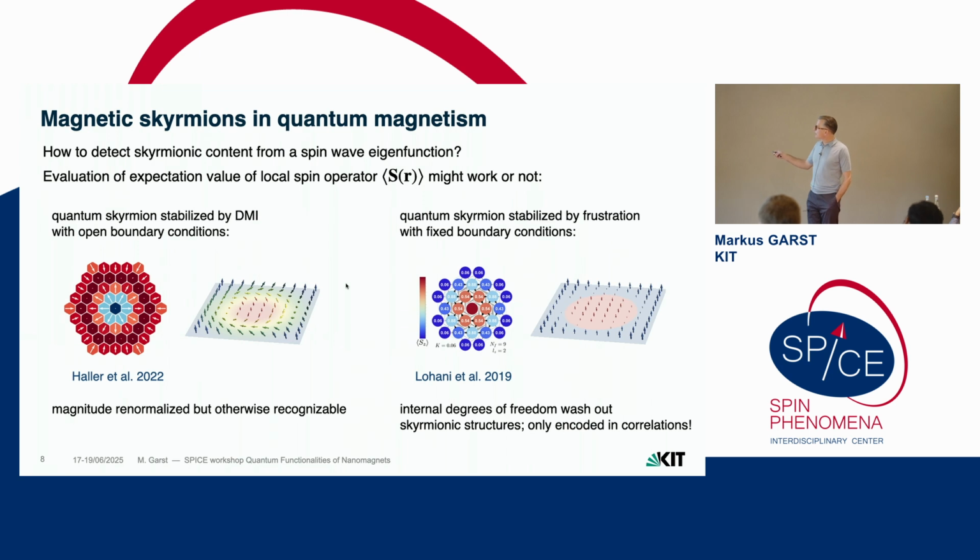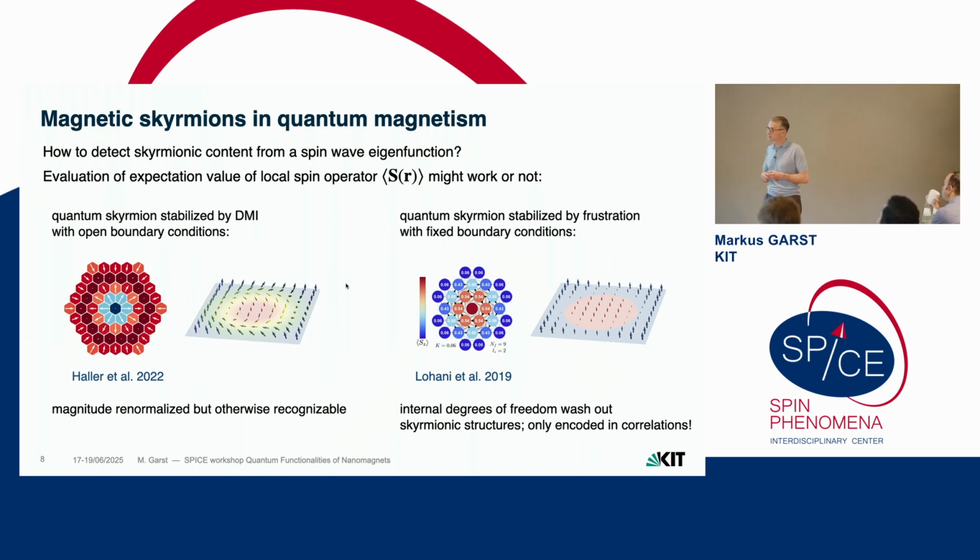This is another example where the situation is completely different. This is a skyrmion which is stabilized by frustration, also with certain boundary conditions, and this is taken from the Lohani work. What you should know is that if you have a skyrmion stabilized by frustration, there are more internal degrees of freedom. The Dzyaloshinskii-Moriya interaction explicitly breaks the chirality of the system.